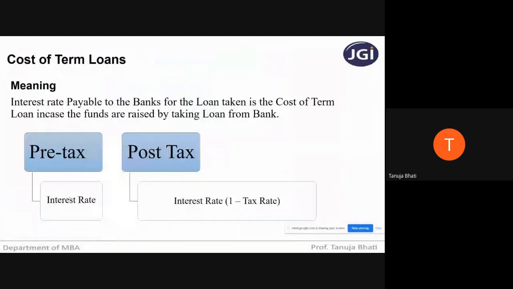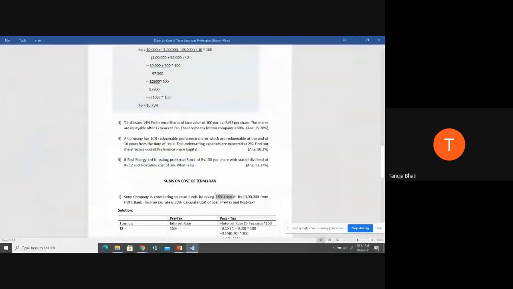I've already told you that the cost of term loans pre-tax is going to be the interest rate. So what is the cost of term loan in respect of pre-tax? 15%. Yes, 15%, so simple an answer. There was no calculation at all. So why did you require so much time to answer? It is 15%, as you rightly said.